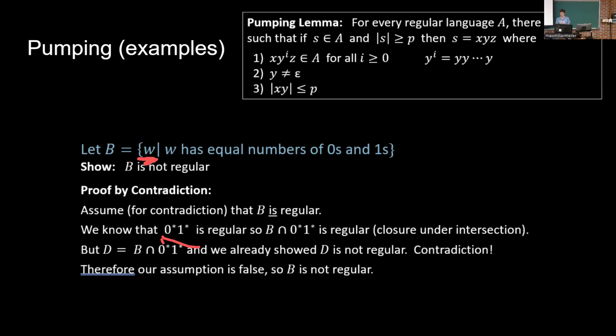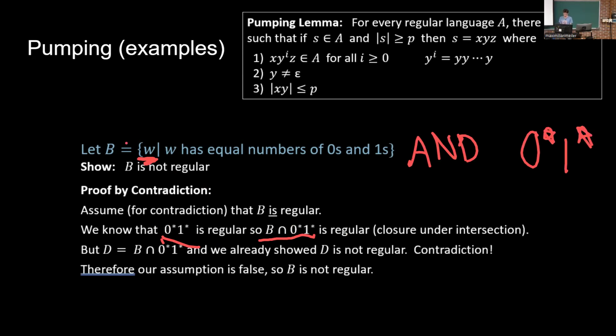And then this is saying, what's in this language is anything which has an equal number of zeros and ones, right? Since this one's saying we want all of our zeros and then all of our ones together, and that's regular, we can say our new language is going to be the intersection of the strings that have equal number of zeros and ones and have all their zeros and then all their ones.